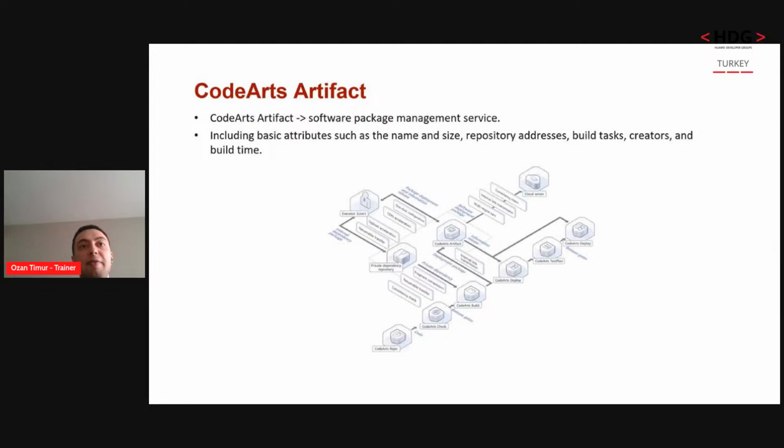We said we have two types of repositories. The first one is the release repo, where we can see our build results and use them in the CodeArts Deploy section. The second one is the self-hosted repo. Here we can store special component packages about development languages and use them as snapshots in the system.